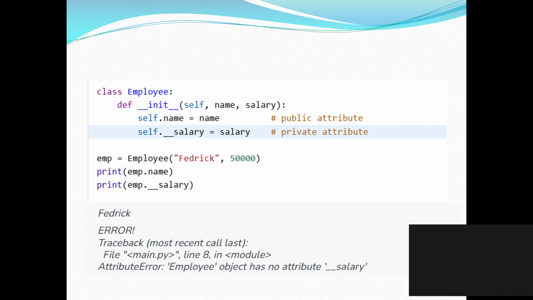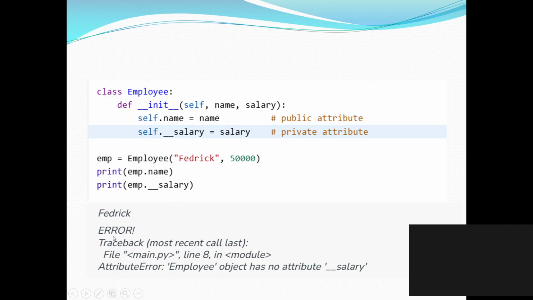Okay, so right now see what is happening here. Here emp is an object which feeds the class Employee with the name Frederick and 50,000. So the 50,000 gets fed into salary and the name gets fed here. If I print emp.name, it prints Frederick. But if I print emp.__salary, what does Python do?